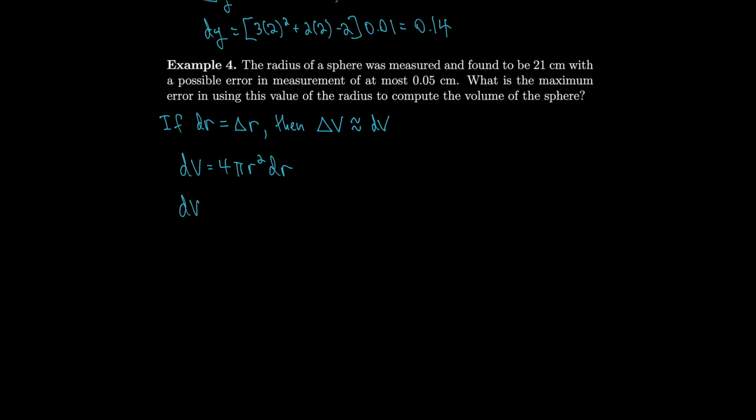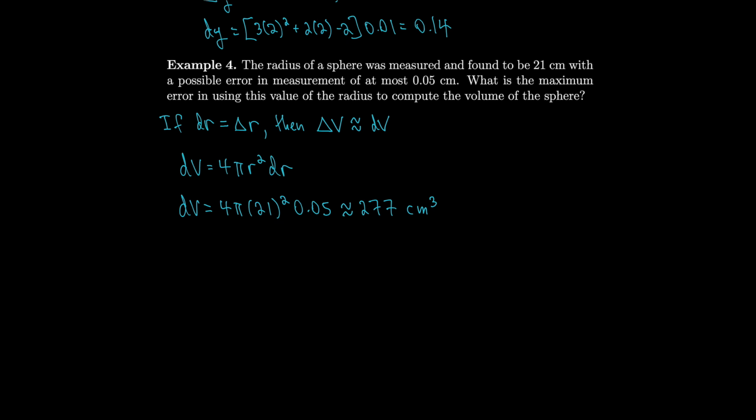So that means that dv is equal to 4 pi times 21 squared times 0.05, which is approximately 277 cubic centimeters. So that's our error in volume, using that value of the radius. The maximum error, actually, is approximately 277.